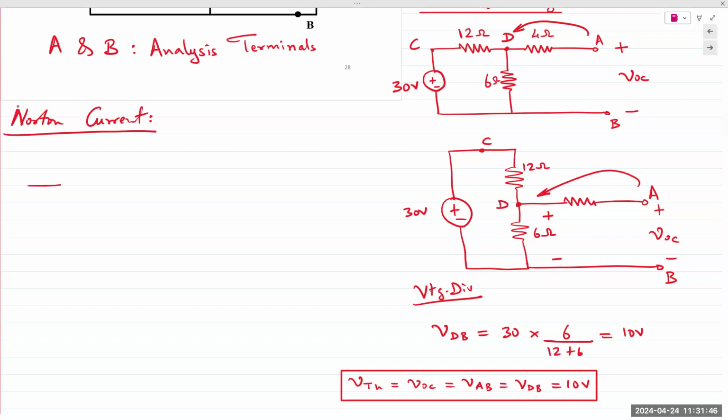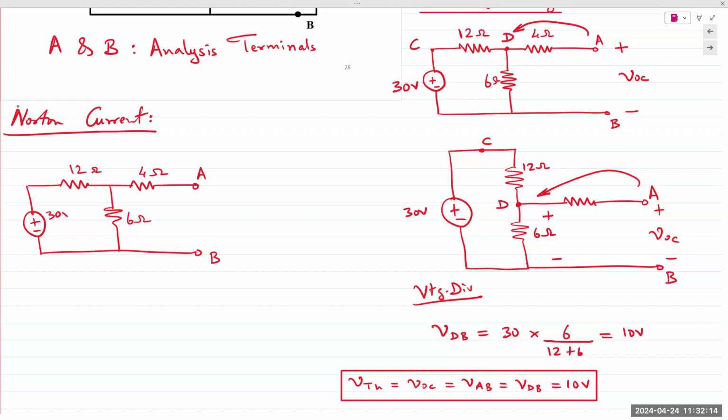I have the 12 ohm resistor, the 6 ohm resistor, and the 4 ohm resistor. So 12, 4, and 6. This is still, of course, 30 volts. This time, I need a wire between A and B.